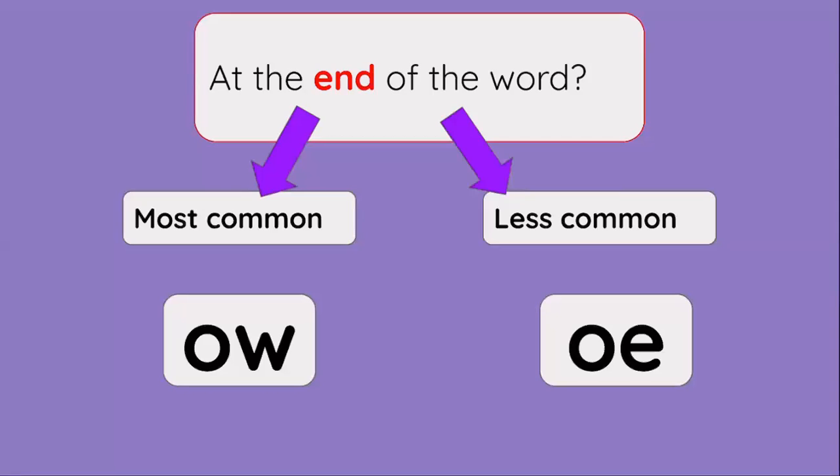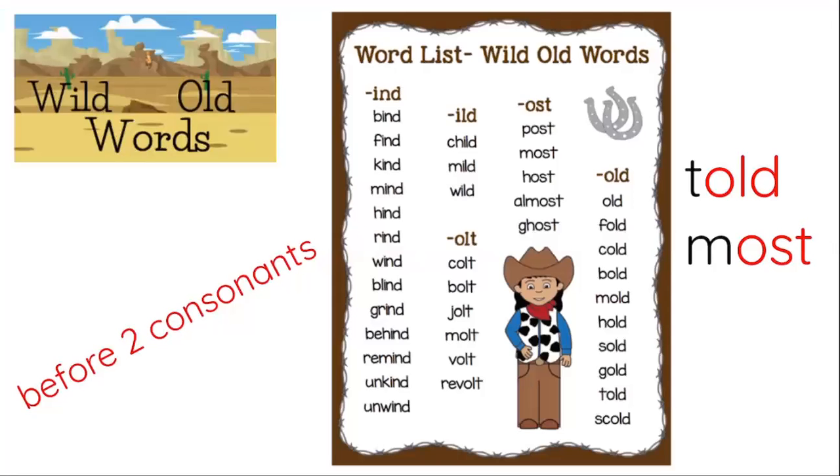When it's at the end of the word, we usually use the O-W, but we have those two words where we use the O-E. We had words where O says O in front of two consonants, and we had the words told and most. When we hear the O in front of two consonants, we use just the O.